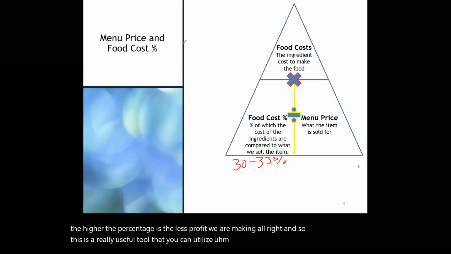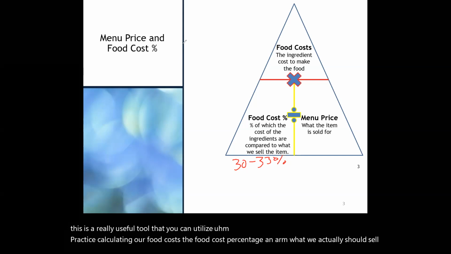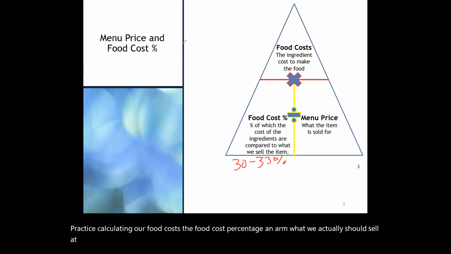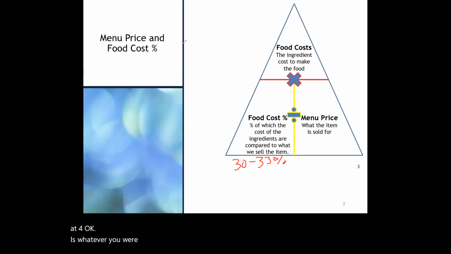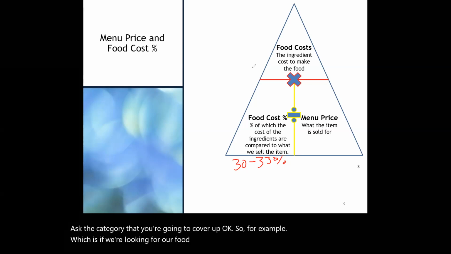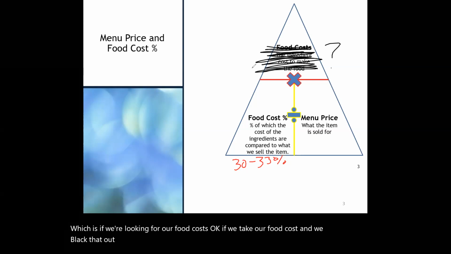The way you manipulate this tool is whatever you are looking for, that's the category that you cover up. So for example, if we're looking for our food cost and we black that out, what two categories remain? The food cost percentage and the menu price.